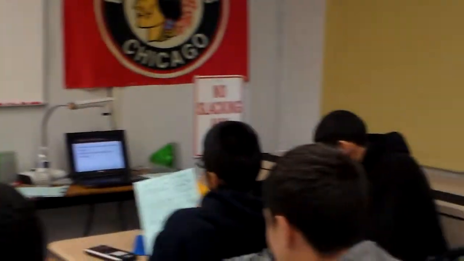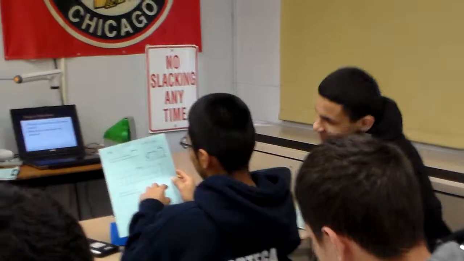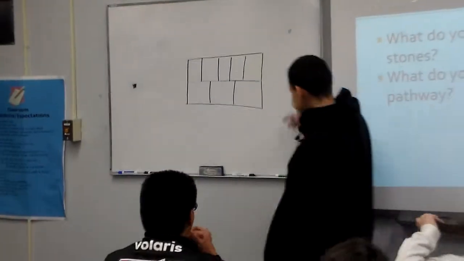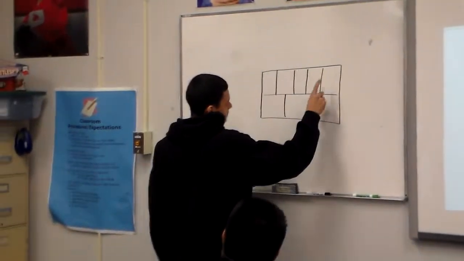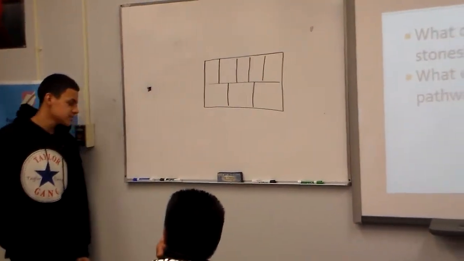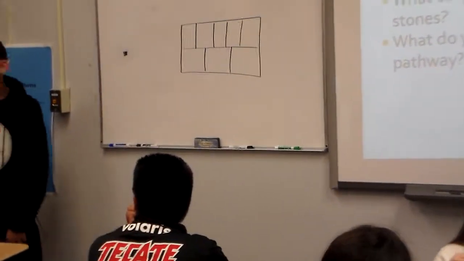Okay, what about the second equation, boys? On the side it says it equals 4 feet, so a length plus a width equals 4 feet. So we just made the equation L plus W equals 4.